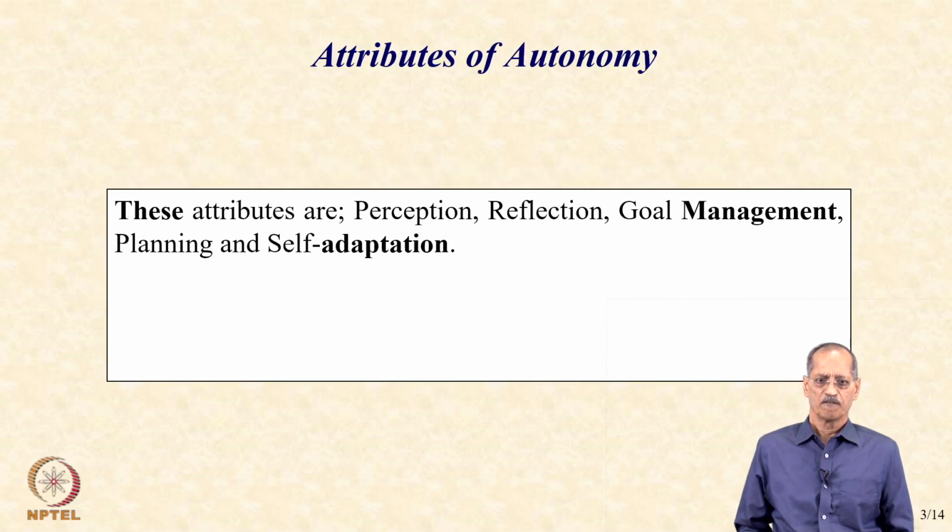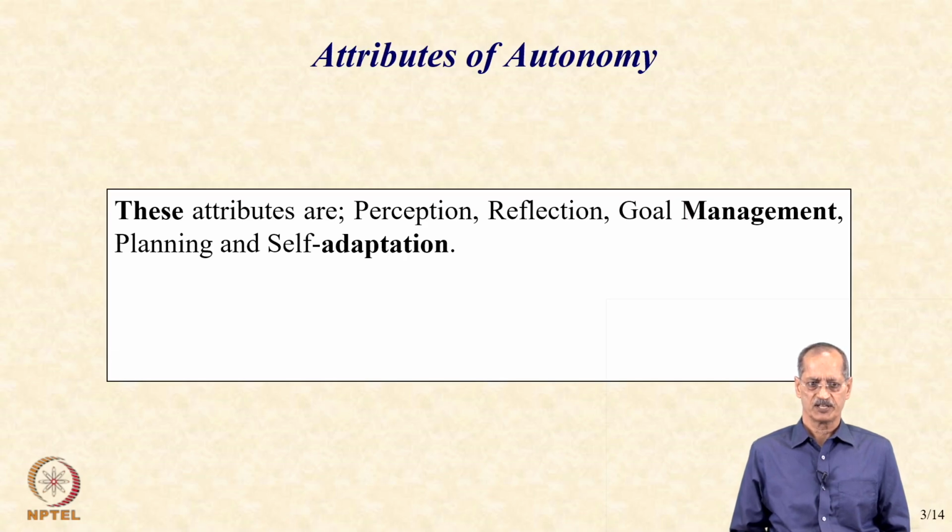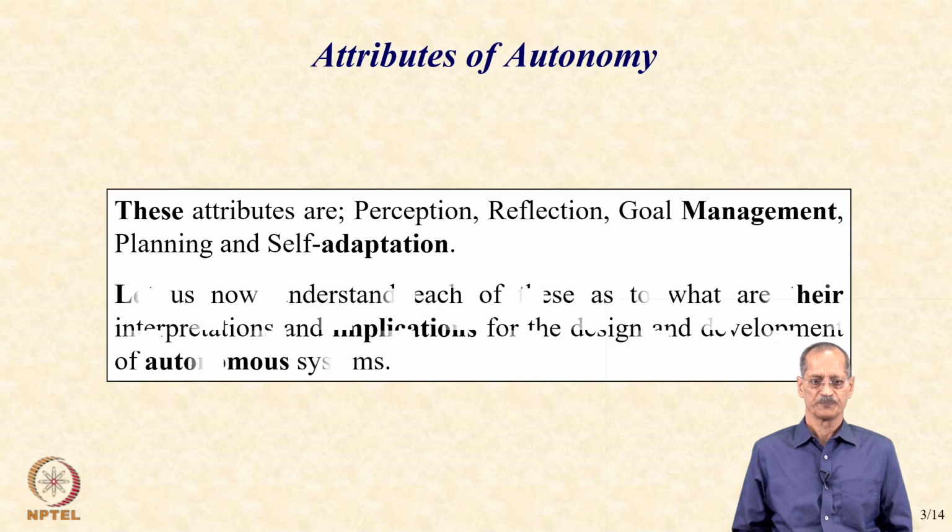These 5 attributes of autonomy are perception, reflection, goal management, planning and self-adaptation. We will look at each of these as to what they mean in the context of the development and evolution of autonomous systems.